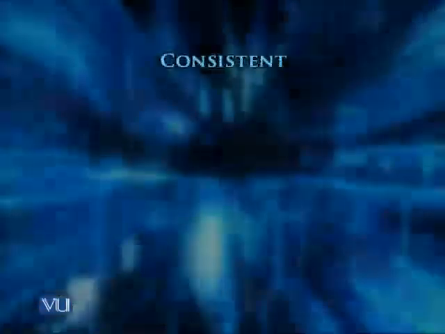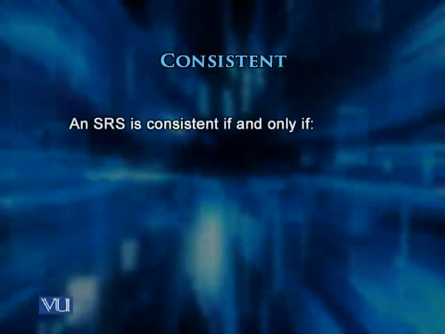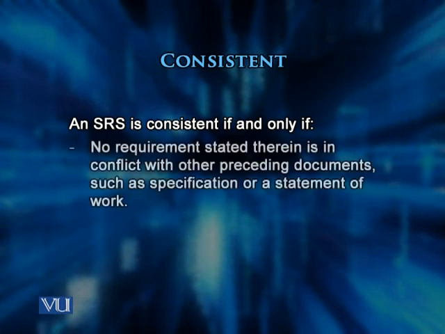We also said that an SRS should be consistent. An SRS is consistent if and only if, number one, no requirement stated therein is in conflict with other preceding documents, such as specifications or statements of work. So any document that precedes the requirements document must not be in conflict with the SRS.